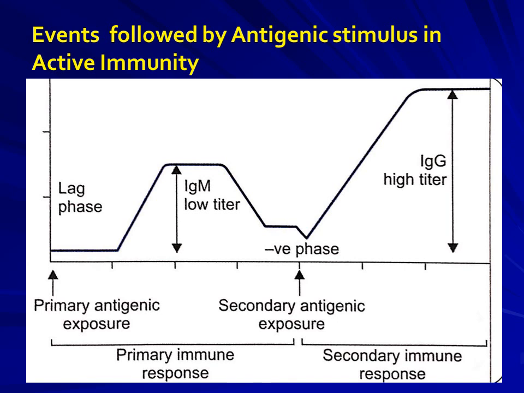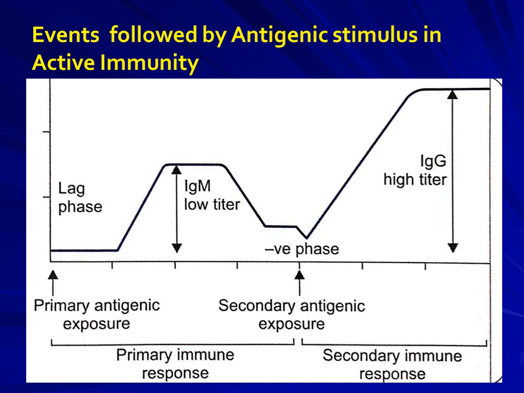In the early stages of the antigenic exposure, we can see many IgM antibodies, and these IgM antibodies are there for a short period in the body and slowly decrease. If after 3 or 4 weeks of the primary exposure you give the second dose of antigen, it stimulates the memory cells produced in the primary exposure and produces a large number of IgG antibodies, which give protection for longer periods.